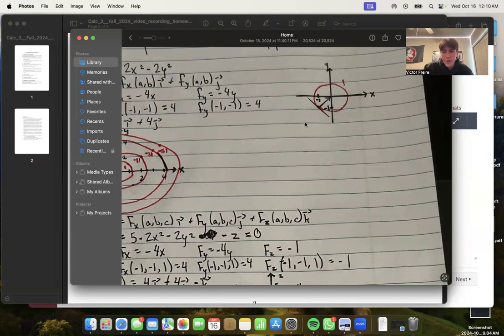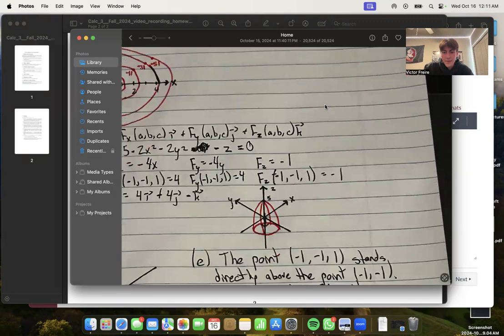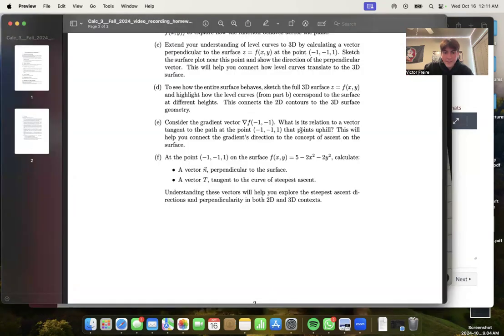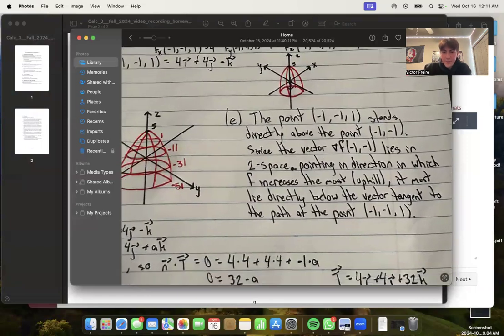It's pointing straight to the center, and the center is where there's the greatest rate of increase of f, right? And this vector, tangent to the path and pointing uphill, is going to follow the same path, except now it has a z component, but it's following the same x and y components, right?